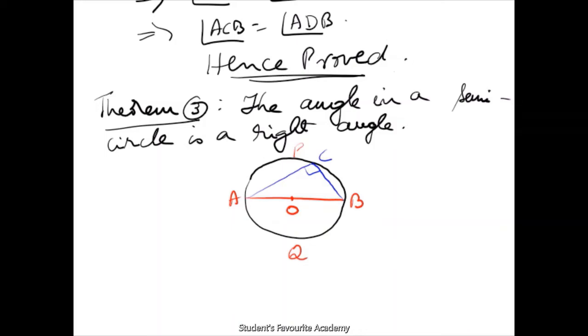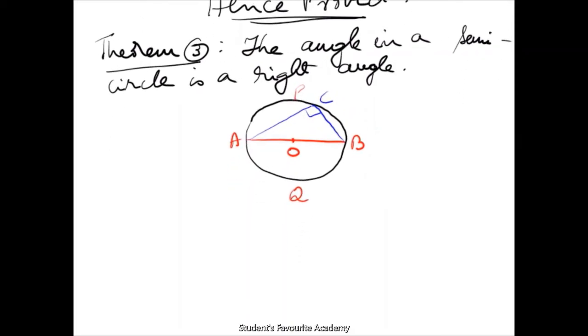Okay. So now we will have to prove this theorem. Now what is to be proved? To prove angle ACB is equal to 90 degrees. That is what we have to prove. Okay.